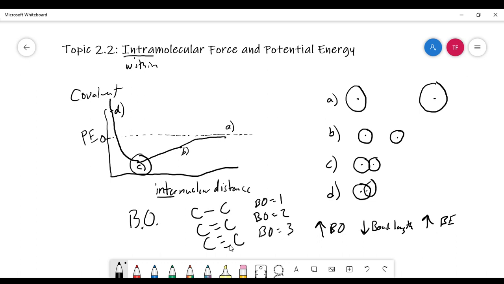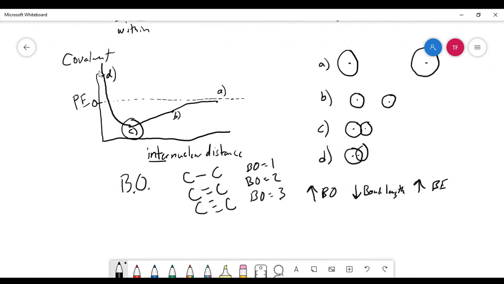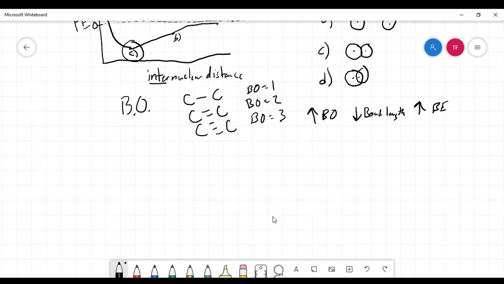The energy to break the bond is a lot greater also. So bond length and bond strength are going to be affected by the size of the atoms, how closely they can get to one another, and then also the number of bonds between the two atoms. So that is covalent bonding, bond length and bond strength, and also a graph that gives you a visual representation of covalent bonding.